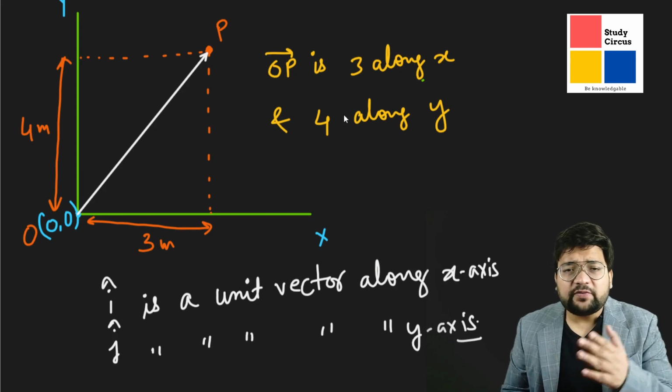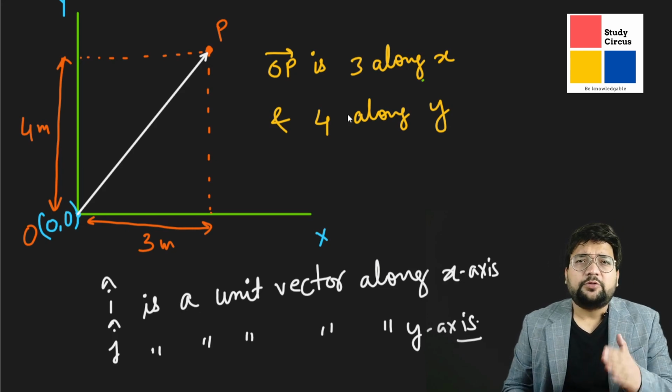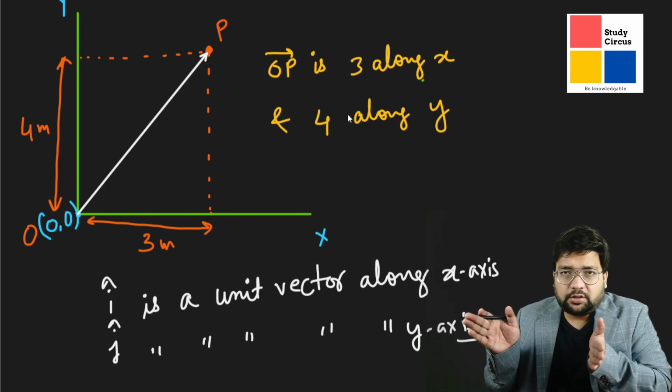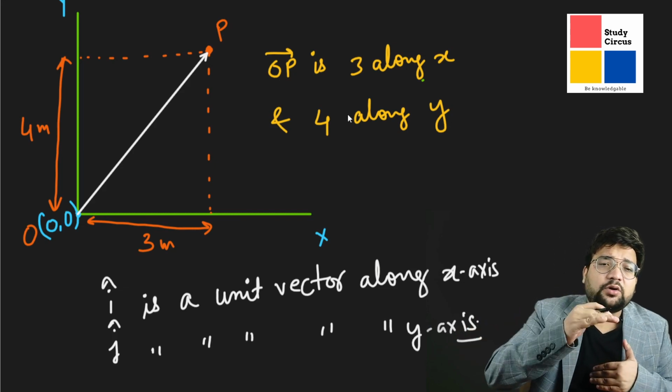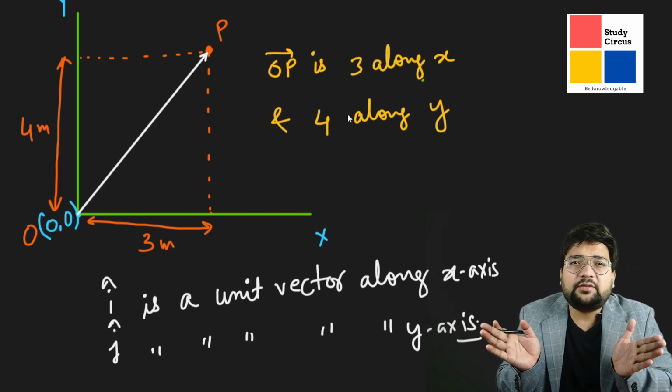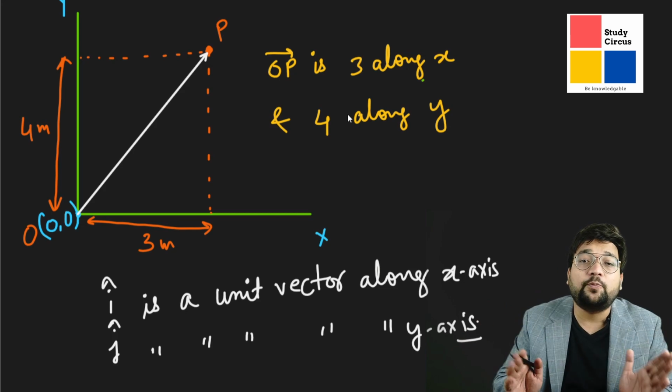So this OP vector is made up of two things: 3 along x and 4 along y. These are two components that can totally define the OP vector.